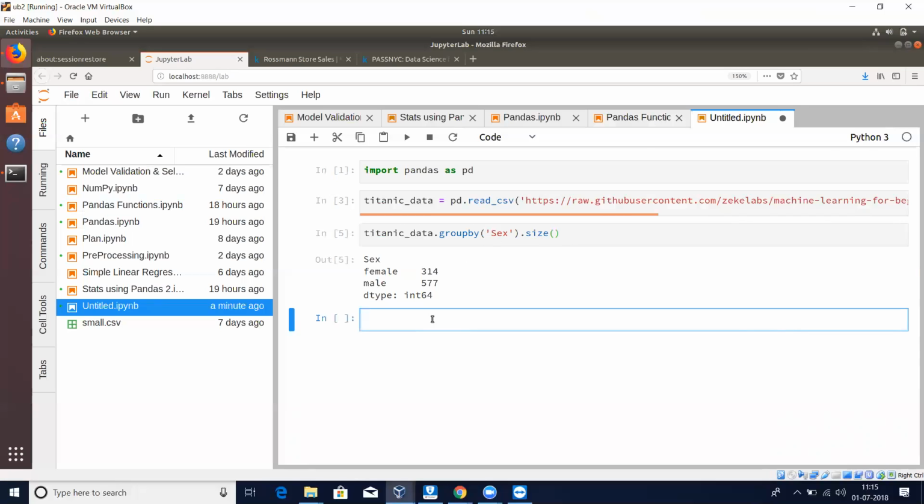Next thing is if I want to group by age and see what the age distribution is. Understood, right? For the data, of course, the first thing that we have to do is get rid of all the non-age rows, which is all the rows which do not have age, basically.